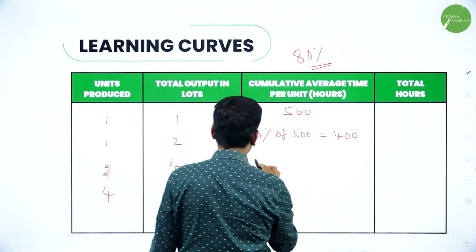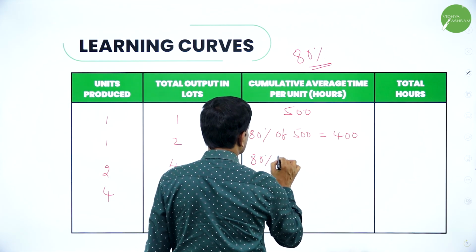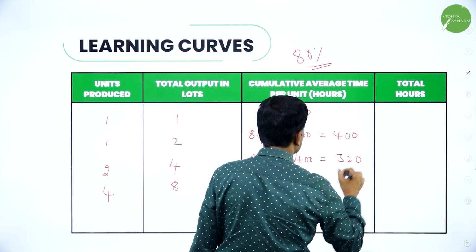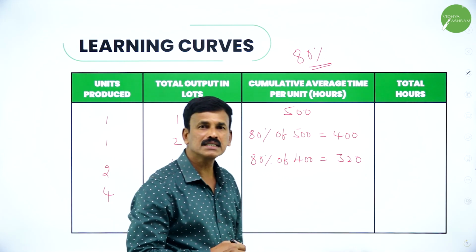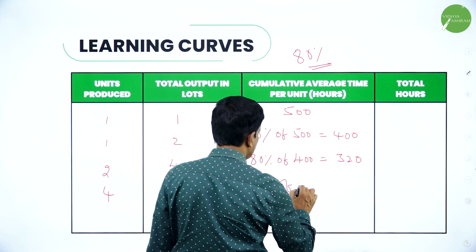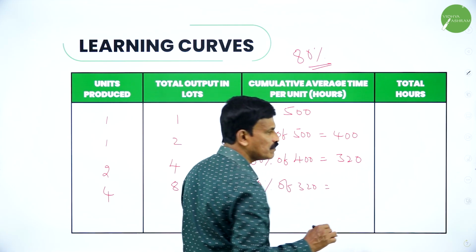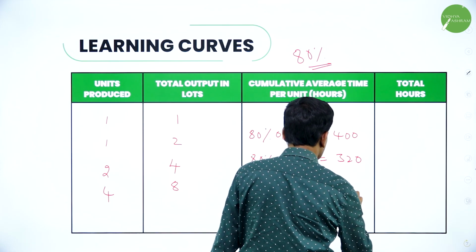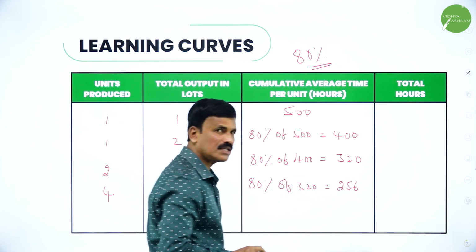Now similarly 80% of 400 is 320. Next, what is 80% of 320? That is 256. Okay. See here, very simple.